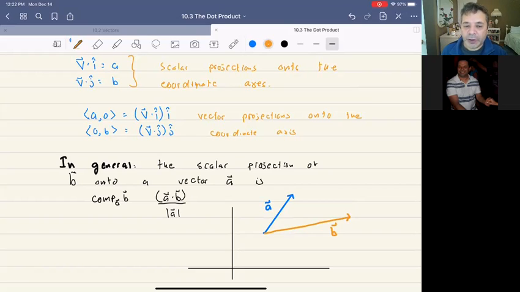This is the component of B onto A. What it is, you take the dot product and then you divide out the length of A. This one's a little bit weird because I drew it badly.